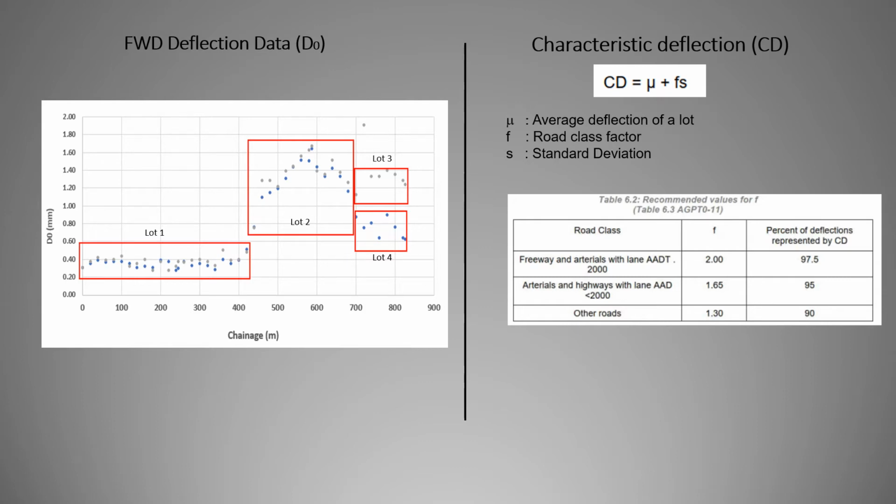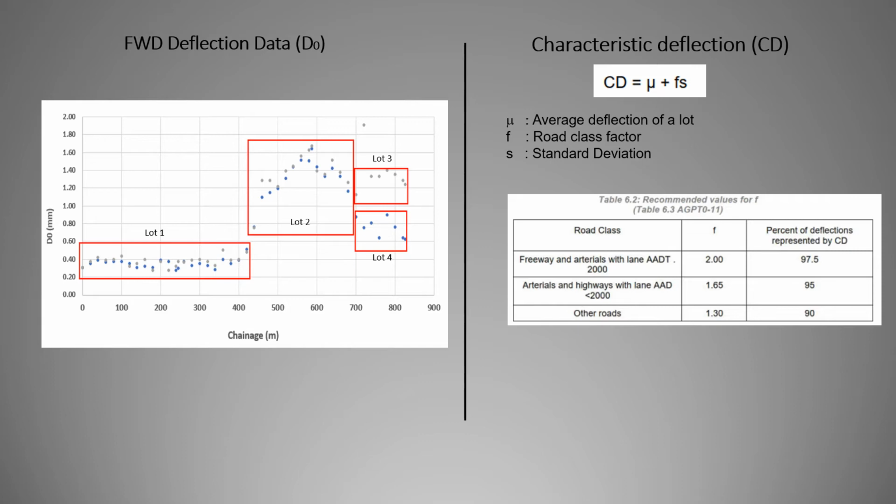In the design of flexible overlays on flexible pavements, a characteristic deflection is assigned to each subsection for evaluation purposes. These values are determined after the seasonal and standardization adjustments have been made to the individual test measurements.